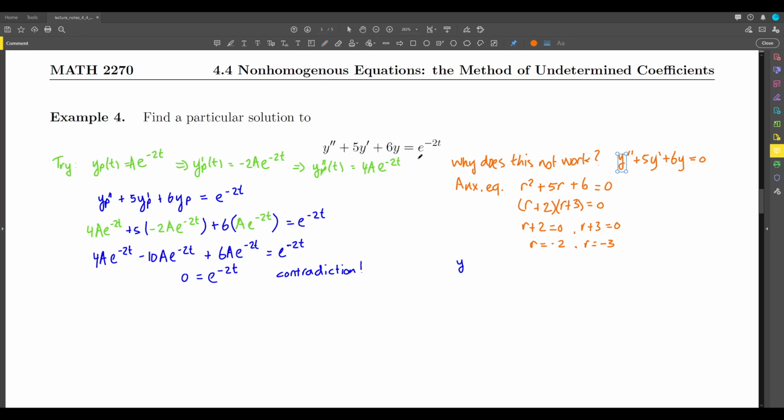I set the right-hand side equal to 0 for now, and then look at the auxiliary equation. So it means that the general solution is c1 e to the power negative 2t plus c2 e to the power negative 3t.